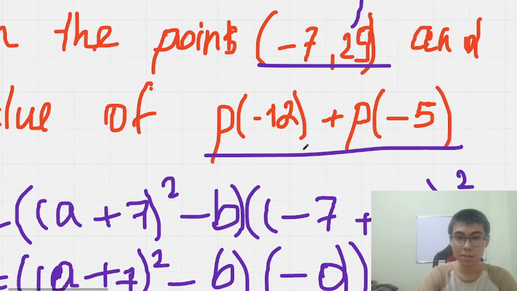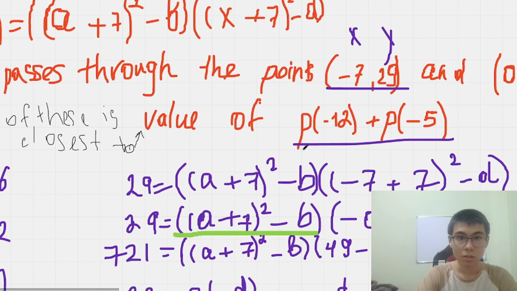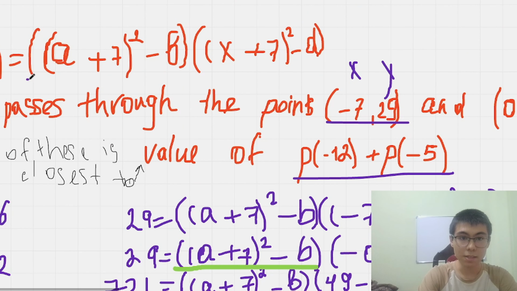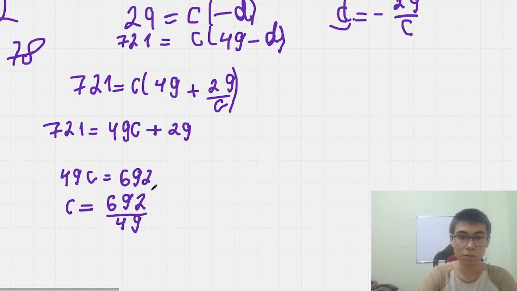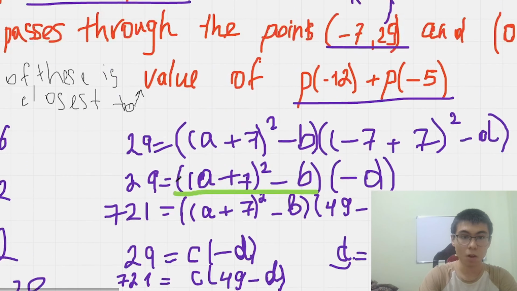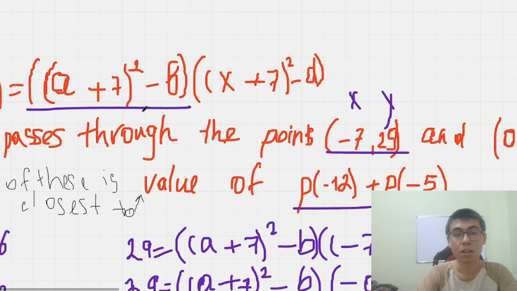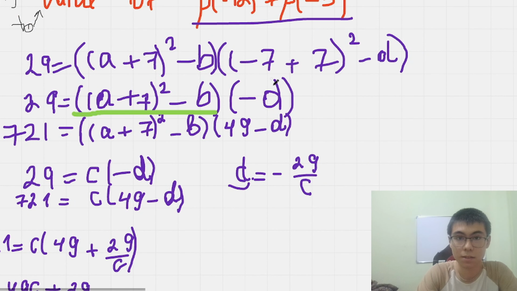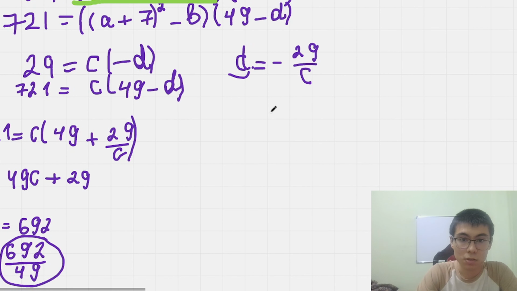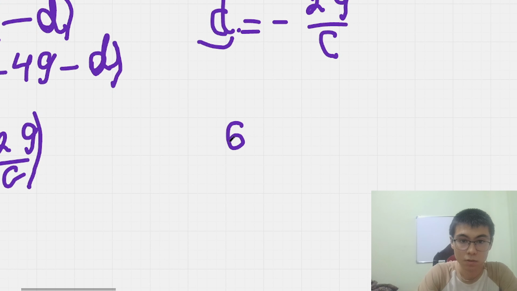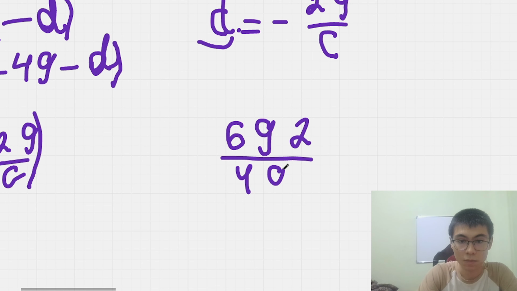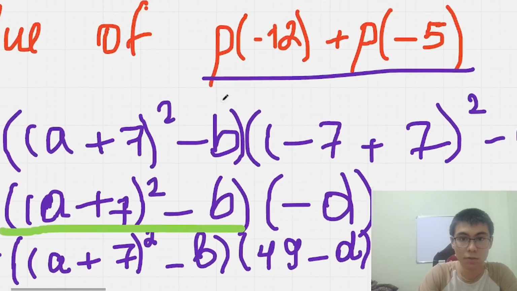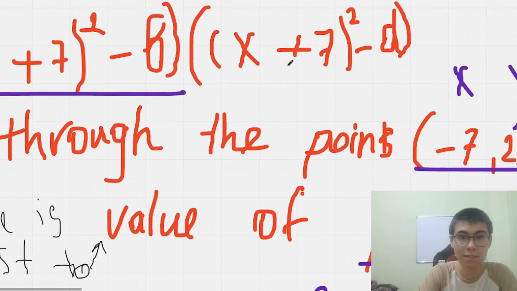So they're asking for the value of this thing. Now, because all of this equals C, we can put this number instead of finding A and B. So now we can start solving for this: 692 divided by 49, multiplied by, so we have to put minus 12 instead of x.